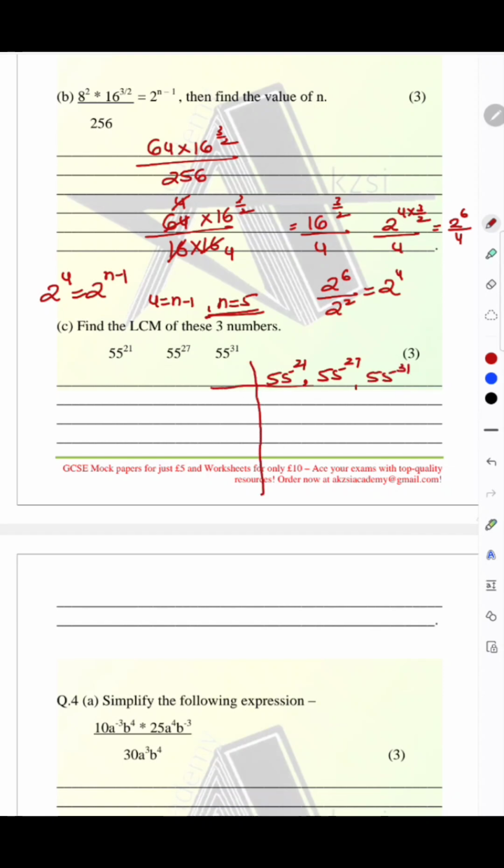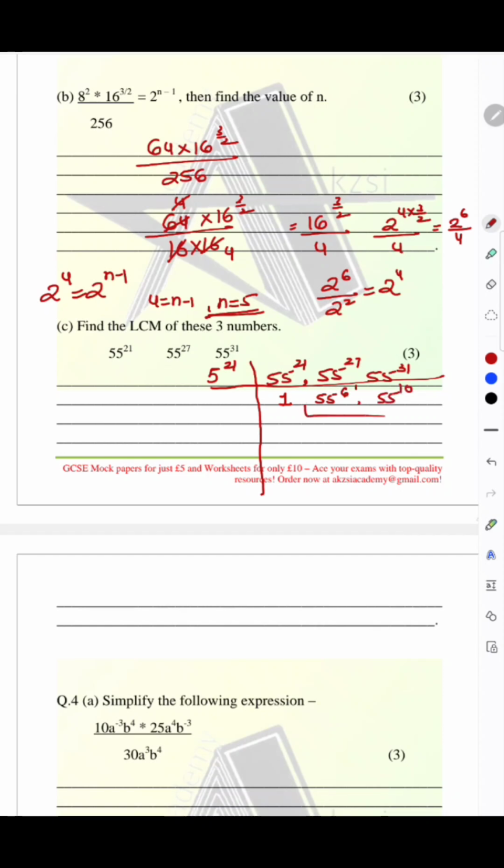I'll take out this number that is common among all, which is 55 to the power of 21, that I can divide with everyone. So 55 to the power 21 divided by 55 to the power 21 is 1. Or simply you can see that one which is the maximum number that you can take out as common. This will be subtracting the powers. 27 minus 21 will give you 55 to the power of 6. And this will be 55 to the power of 10.